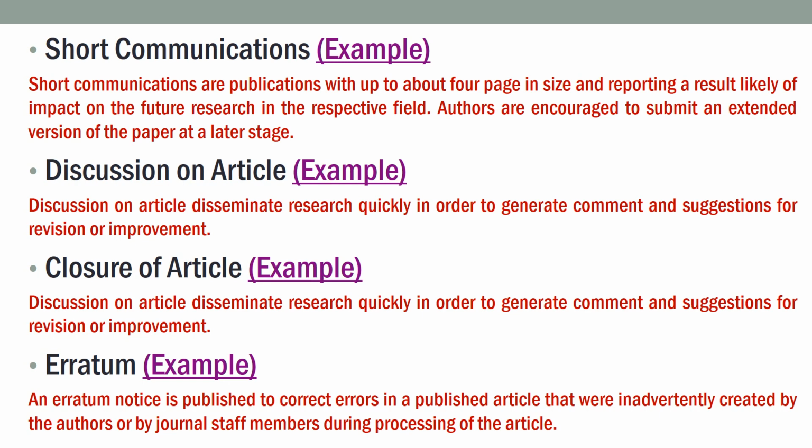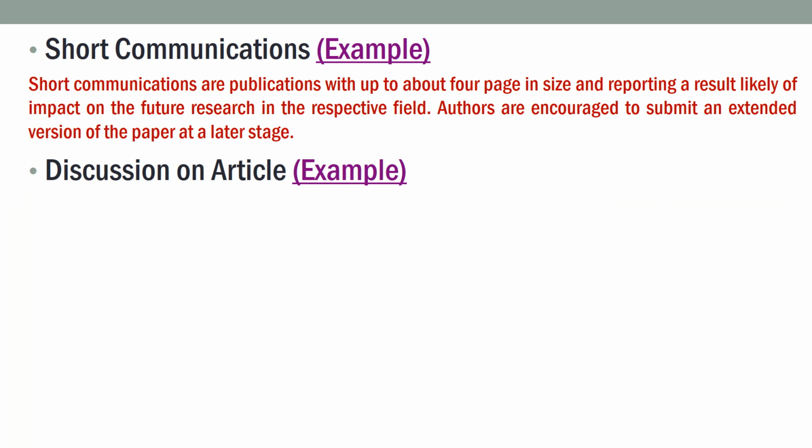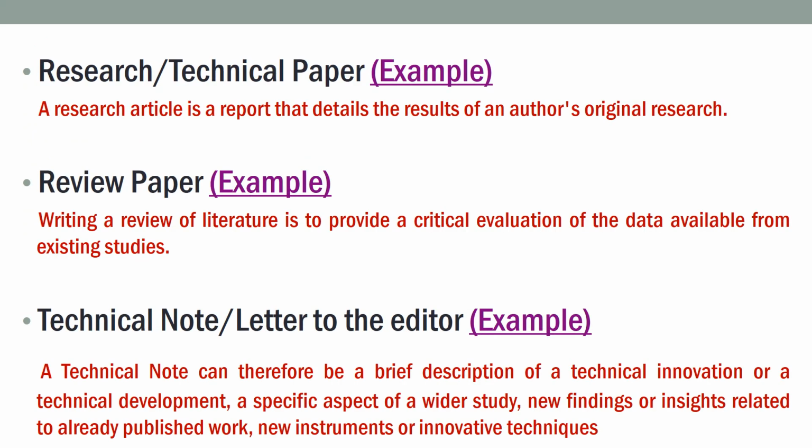Out of these 7, the very first is a research article or technical paper, which is your original research and original findings. So it requires at least 1.5 years to complete that study, experimental work, analytical work, to generate the results, to draw tables, figures, everything.